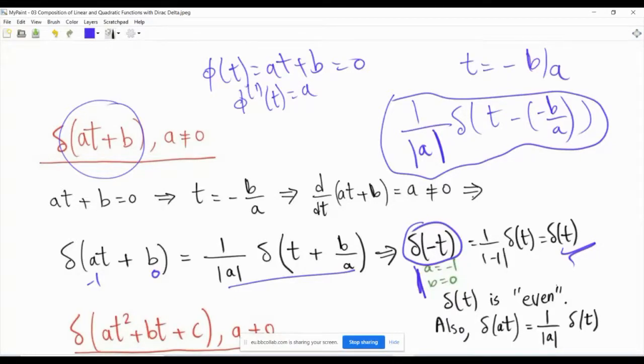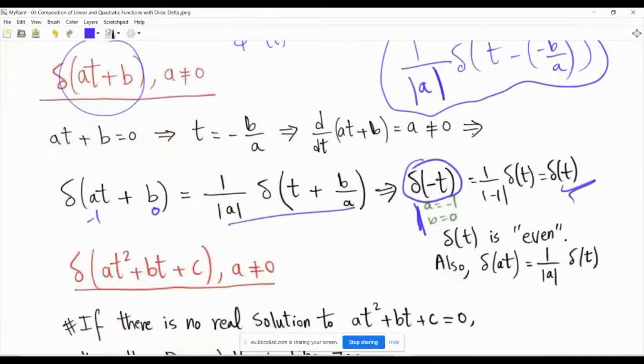Even functions transform in a certain way and so forth. So delta t is an even function, and if you put b equals 0, you just have time scaling. The time scaling of a Dirac delta can be converted into an amplitude scaling. Delta of at is delta of t, and you just divide by the absolute value of a.